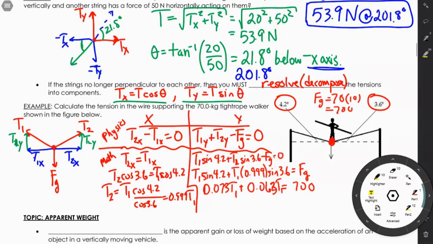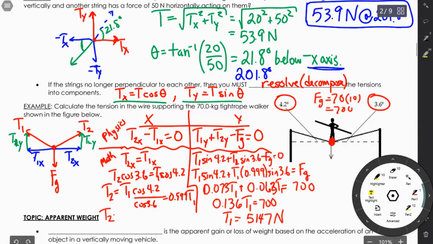Okay, and then 0.063 plus 0.073 is 0.136 T1 equals 700. And so T1 is just going to be 700 divided by 0.136. So 5,147 newtons for T1.